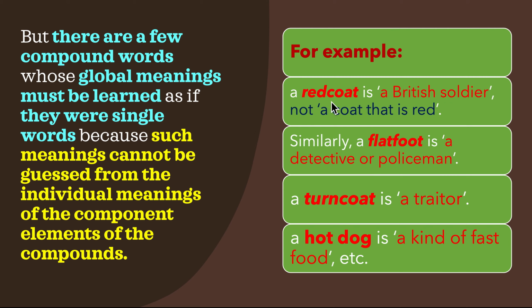So a redcoat has an entirely different meaning. Similarly, a flatfoot is a detective or policeman. A turncoat is a traitor. A hot dog is a kind of fast food, etc. So we have entirely different meanings with all these compound words.